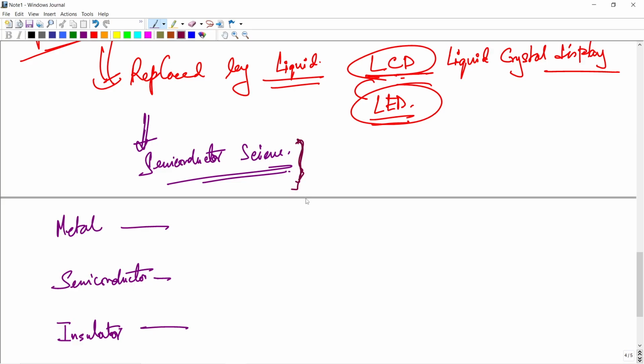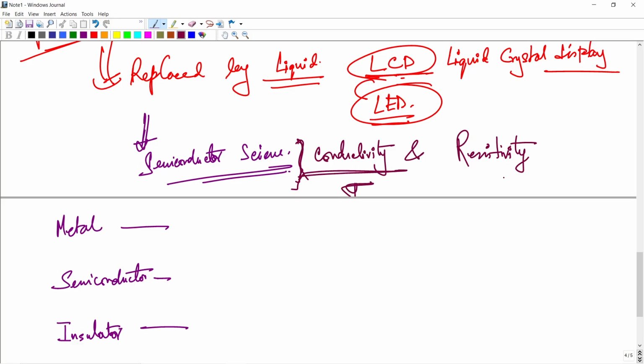The two parameters we discuss here are conductivity and resistivity. Conductivity is represented by sigma and resistivity is represented by rho. Metal has good conductivity but low resistivity.